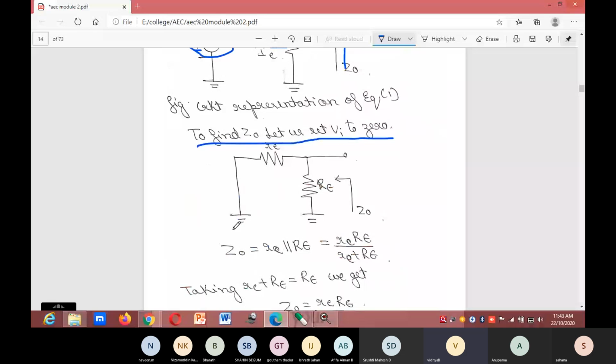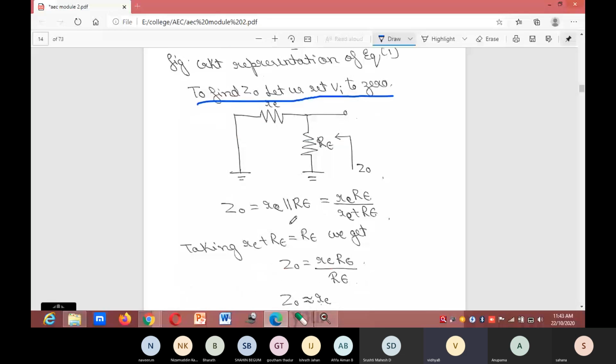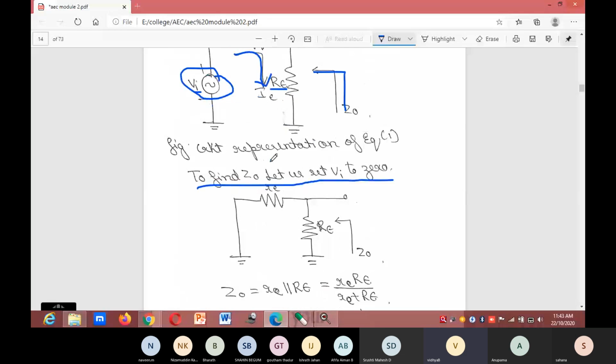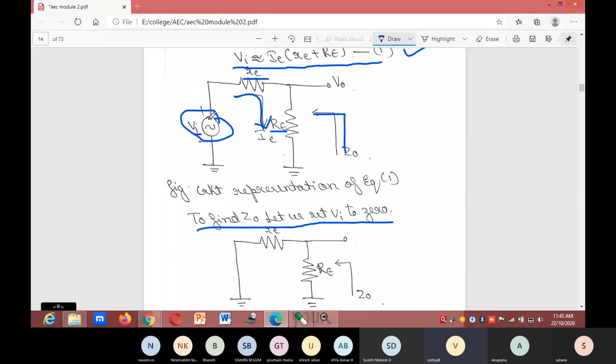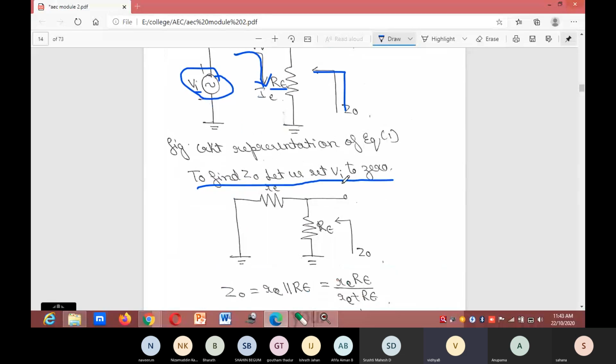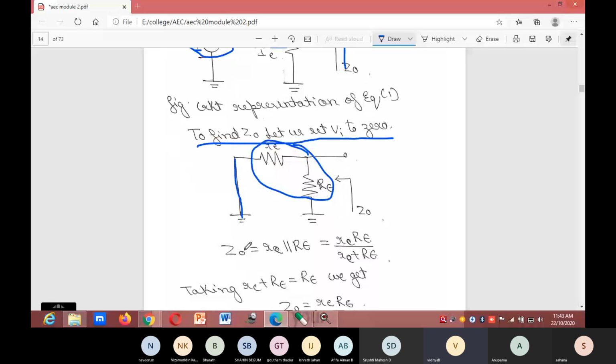Z0 is equal to small re parallel with capital RE. To find the output impedance we will make the source a short circuit and it will become 0. We will consider these two resistances, which are in parallel, so Z0 is equal to re parallel capital RE.